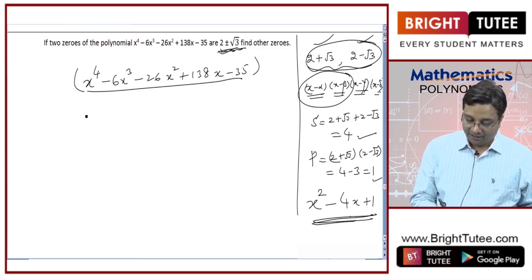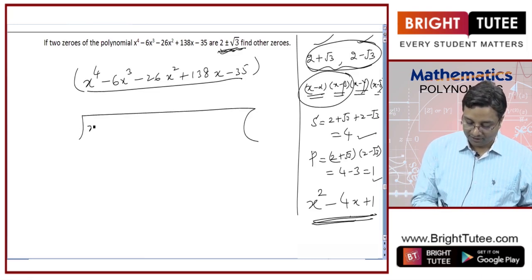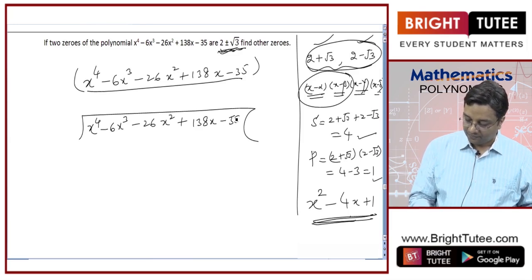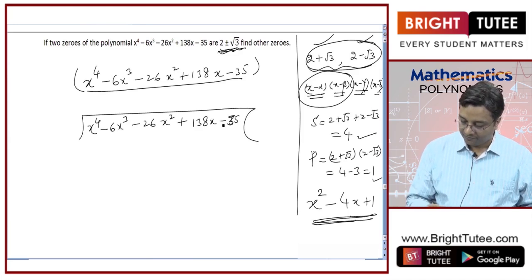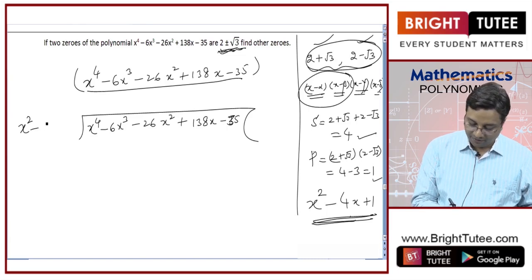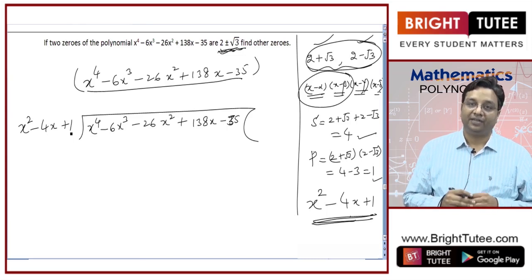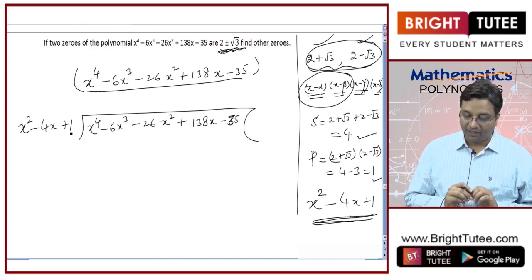Okay, so let's divide it by this quadratic, x square minus 4x plus 1. Why are we dividing it by this quadratic?